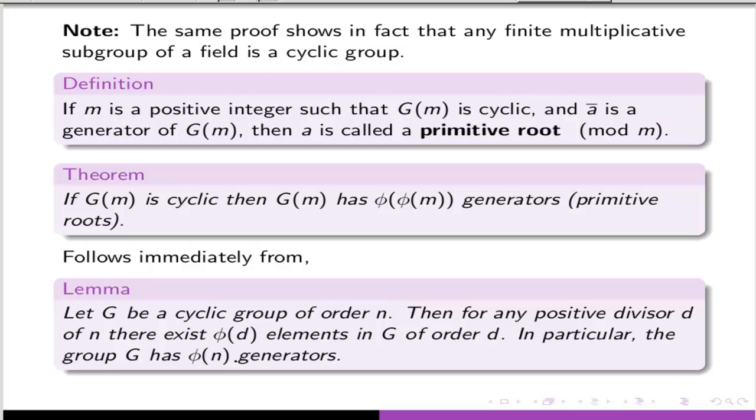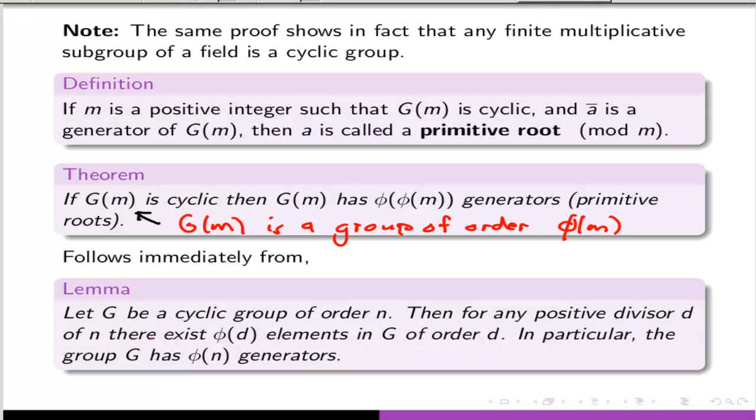And this immediately implies the theorem because G_m is a group of order phi of m. So if I want to ask how many generators there are, it's the Euler phi function of the group order, which is why we get this composition right here.